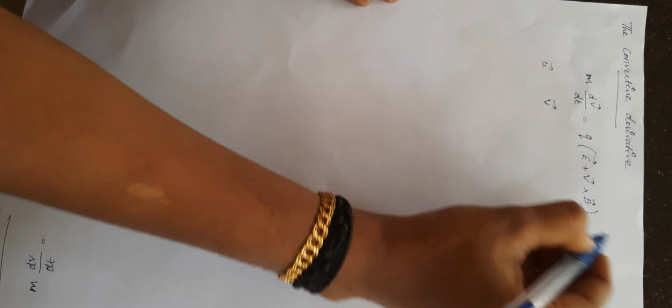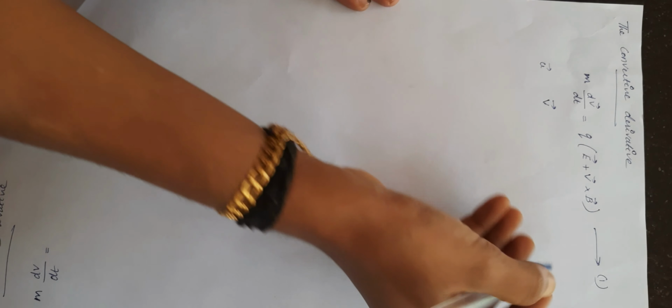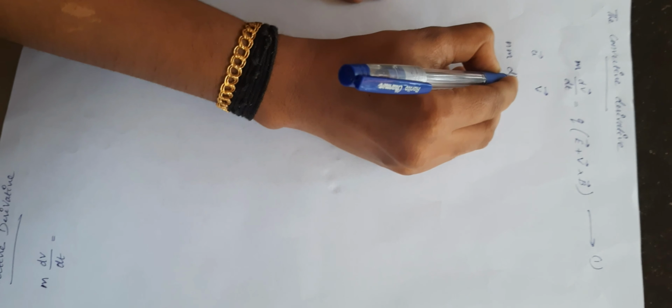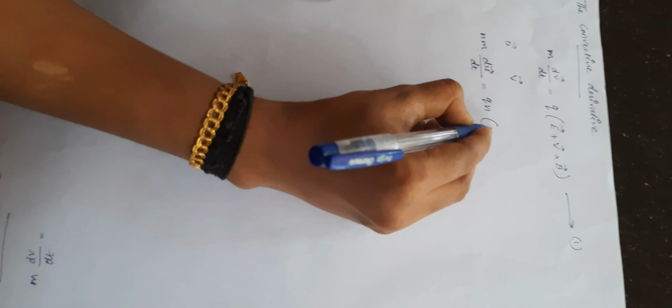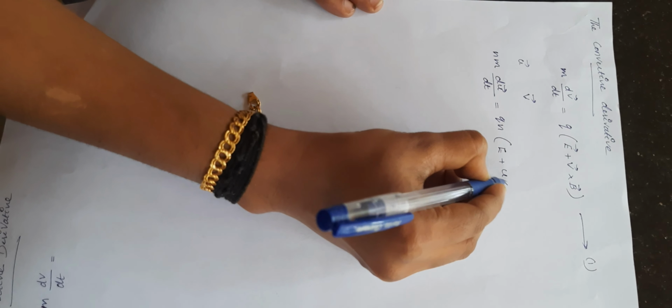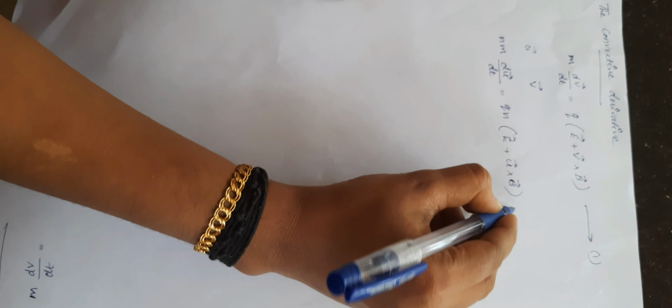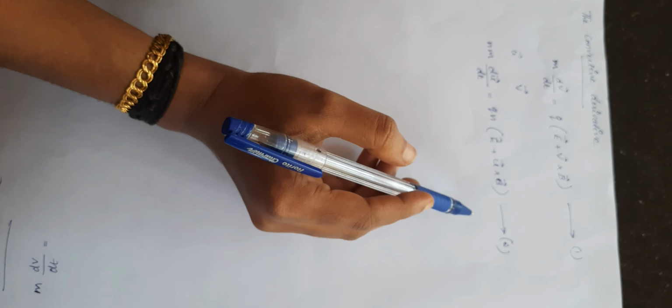Then the equation is obtained simply, this is equation number 1, with a density n: n m du by dt equal to q n into E plus u cross B. That is, it has changed to the terms of average velocity. This is not a convenient form.